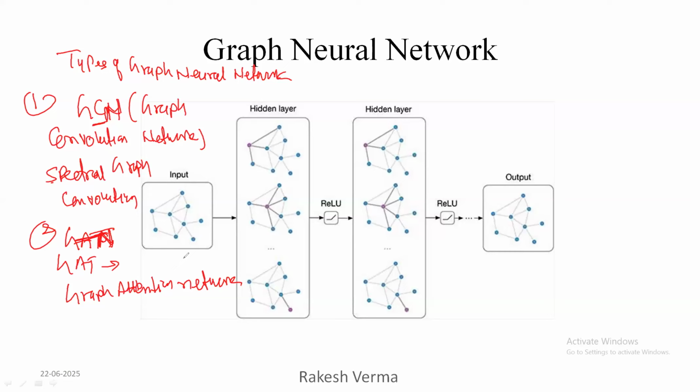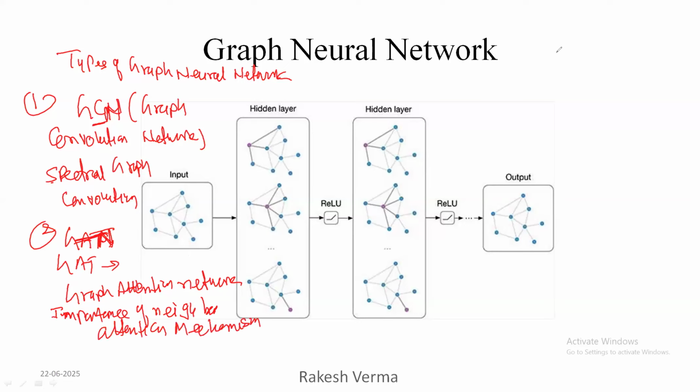And when you talk about a graph attention network, what does it do? Basically, it performs the attention mechanism to weight the neighbor's importance. So it finds the importance of a neighbor. It uses the attention mechanism. That's why it is called a graph attention network.